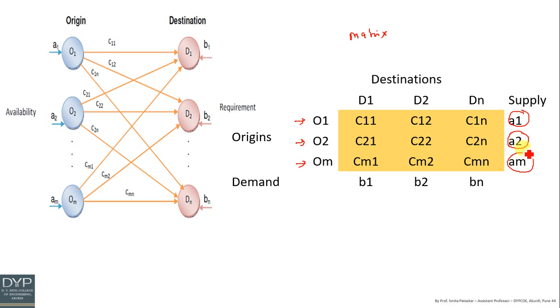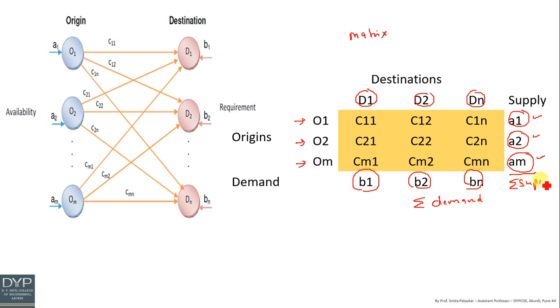So the total quantity which can be supplied from the origins is given as A1, A2, AM, and the sum will be represented over here. Similarly, there are destinations D1, D2, Dn, and the requirements are given as B1, B2, etc. up to Bn. So you can also find out the total demand. So here there is the total demand and there is the total supply.